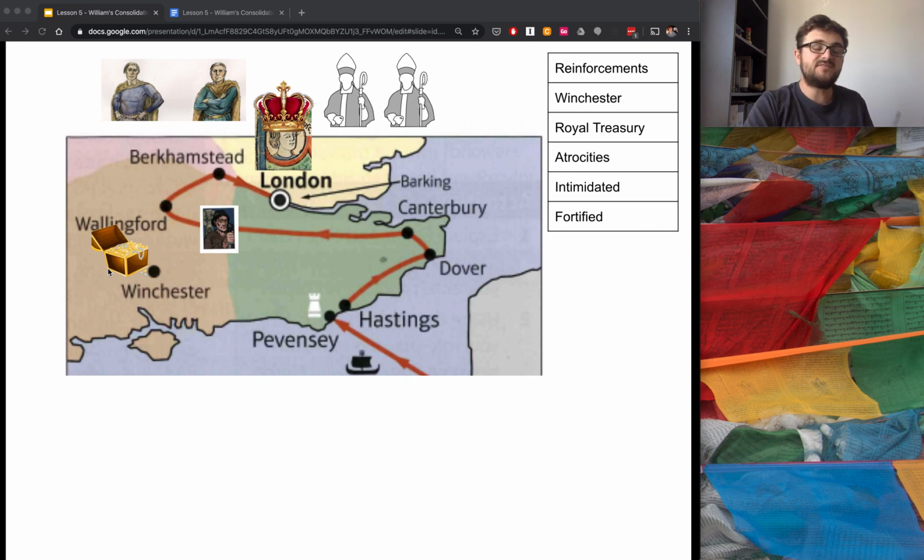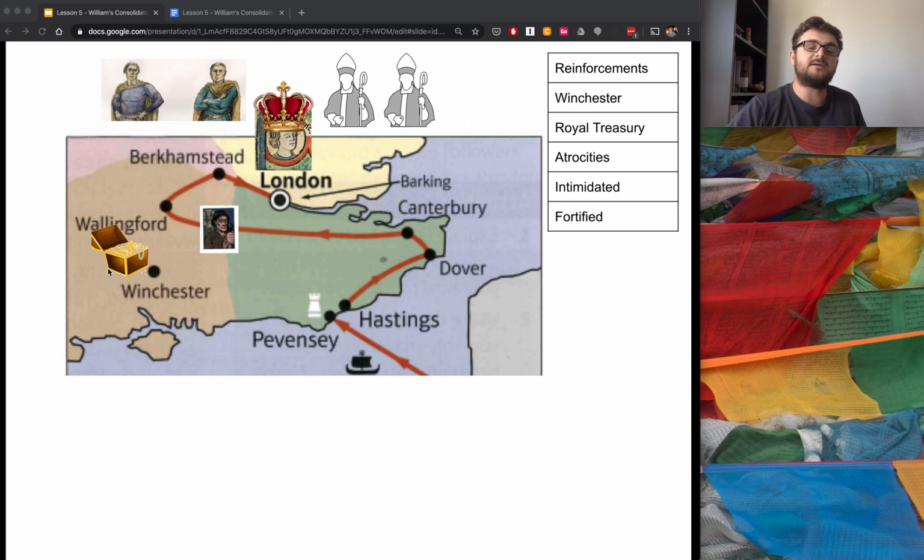And by marching there, William was able to send his men to seize the royal treasury. He basically managed to steal all of England's wealth, which would really weaken Edgar and the Witan and the Anglo-Saxon aristocrats, because essentially William has their gold now.